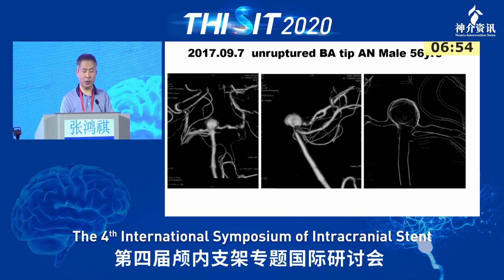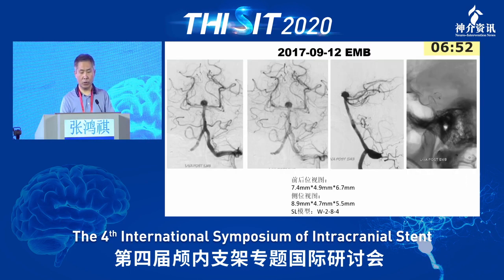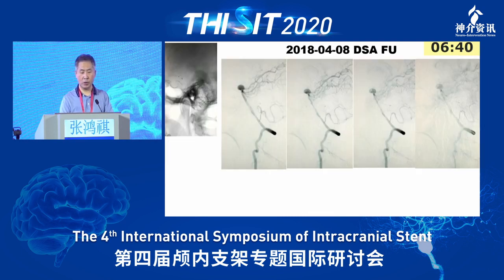After 1 year follow-up, we detected some problems. This is a wide neck aneurysm. If we use coiling with an assisted stent, we can achieve a very immediate result.